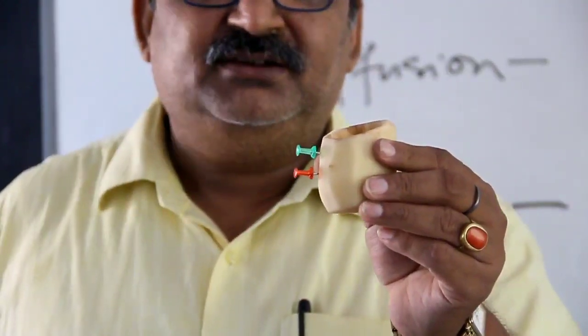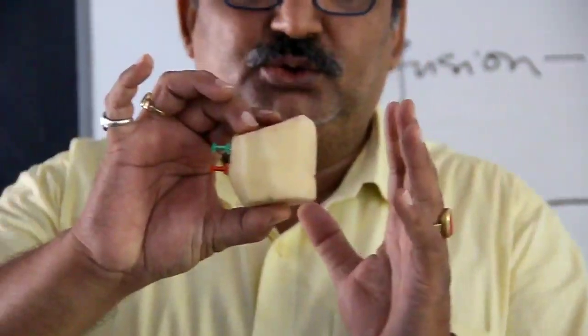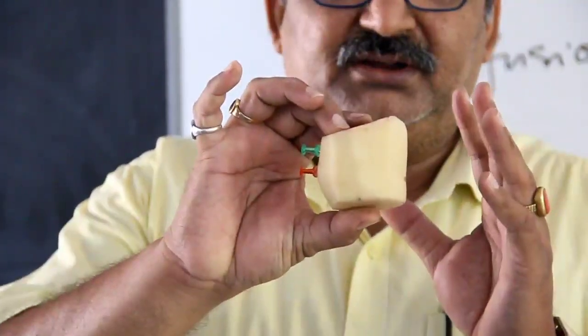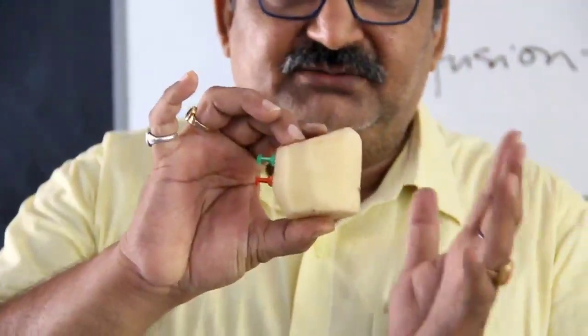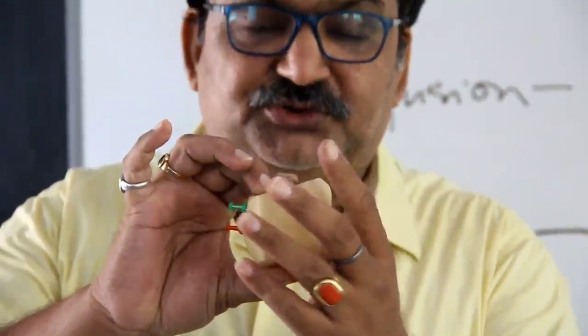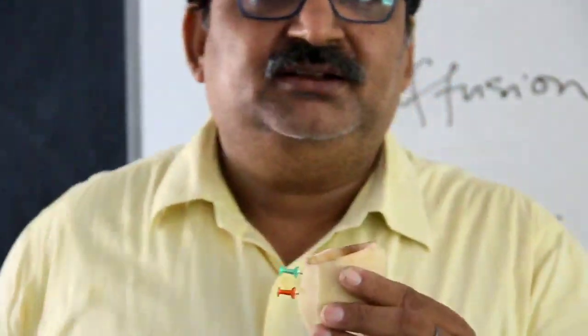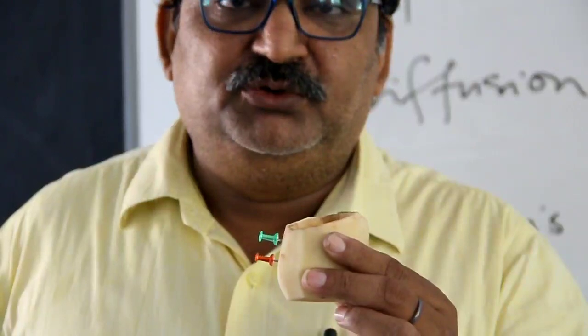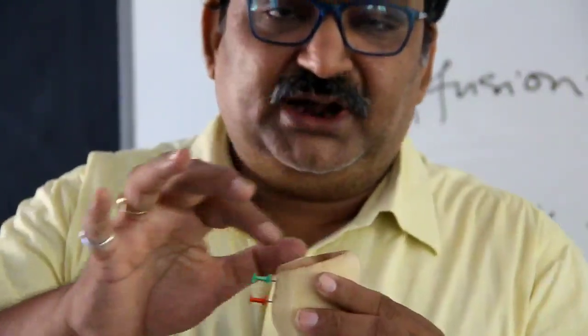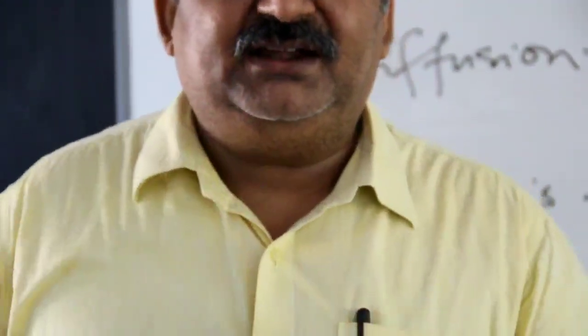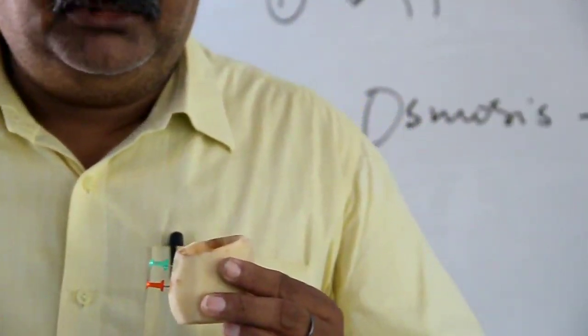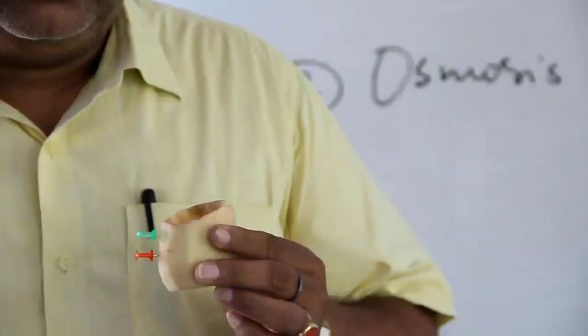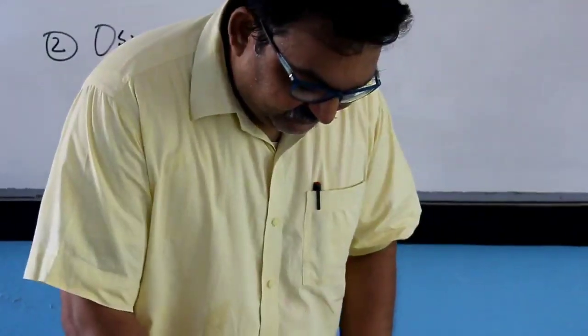It proves that the water molecules, the solvent, from a region of higher concentration, that is outside the potato, in the beaker, move inside the potato. Here, the potato cells act as a semi-permeable membrane. Right? So this will prove the process of osmosis.